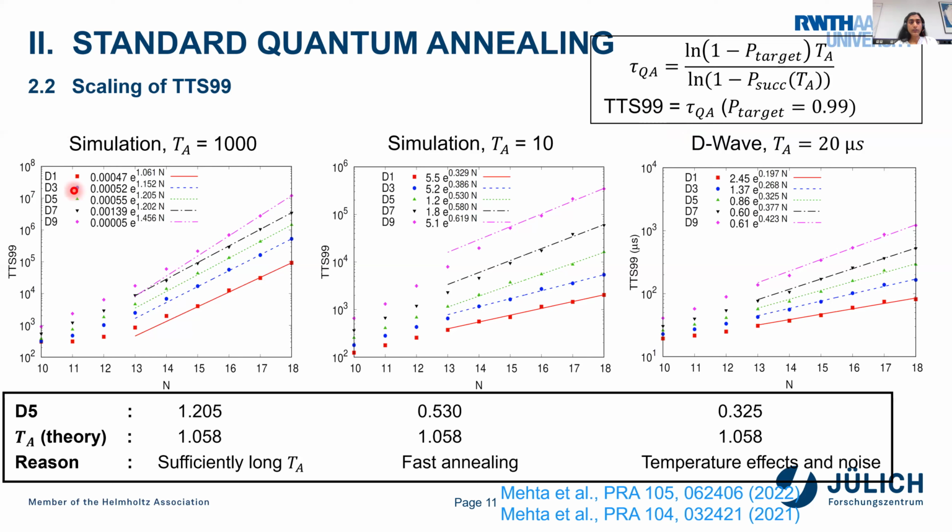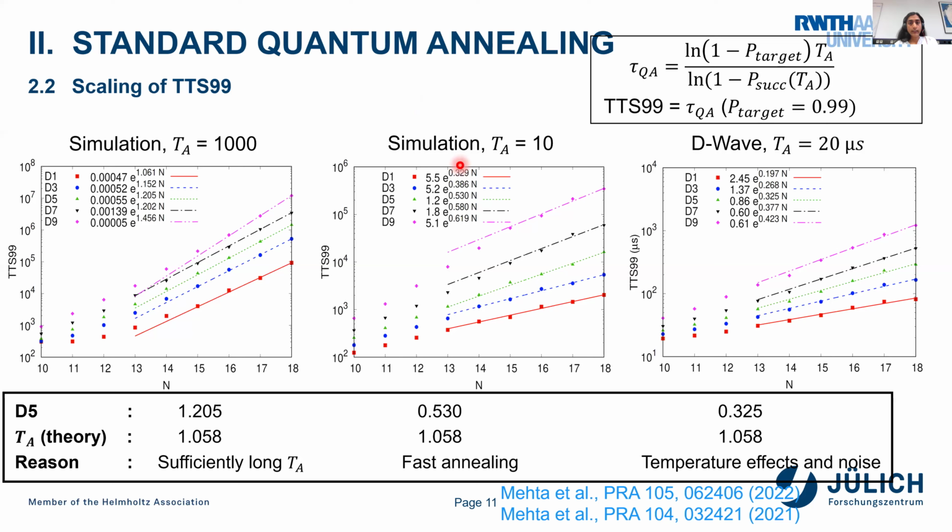So from the simulations, first of all these results do indeed show an exponential scaling of this TTS 99. From our simulations, where we choose long enough annealing time, so the annealing time of 1,000 in our simulation corresponds to about 50 nanoseconds in the D-wave energy scale, for this annealing time we find that the median indeed scales with an exponent which is close to the scaling exponent predicted by the scaling of the minimum energy gaps.